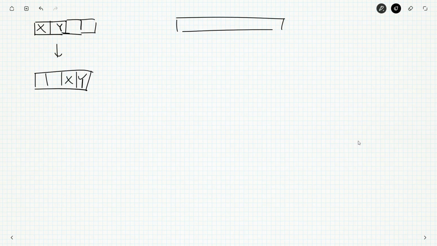Alternatively, we could just try, and I'm not going to draw the boxes. Let's have 1, 2, 3, 4, 5, 6, X, Y, and Z. All right, so they can't jump over each other.